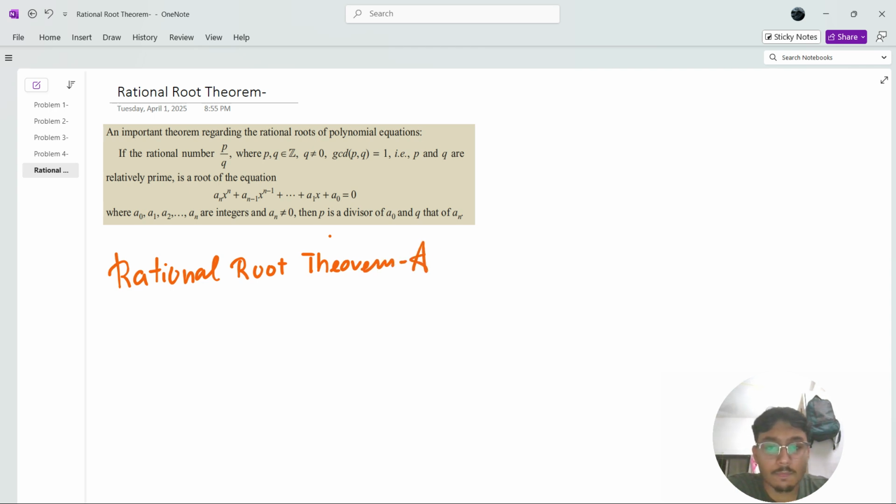This is a very important one. Do check out the proof of it, which I am going to show here. It is an important theorem regarding the rational roots of polynomial equations. Its corollary is the integer root theorem.